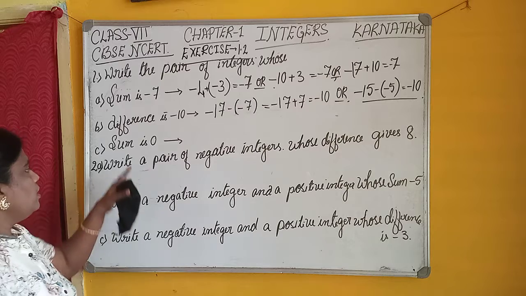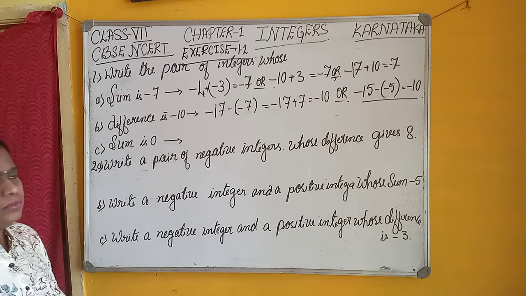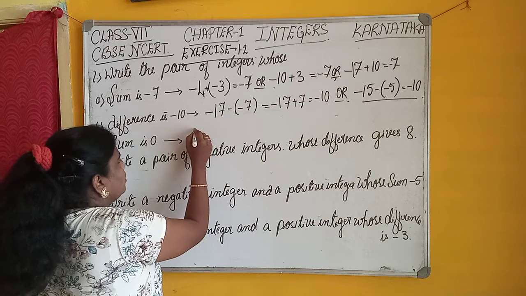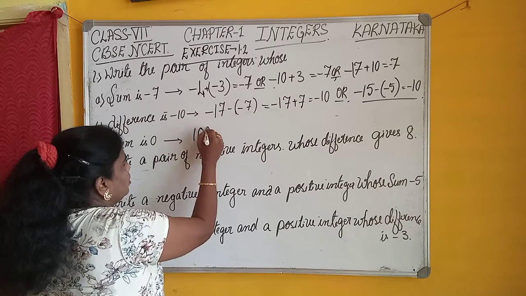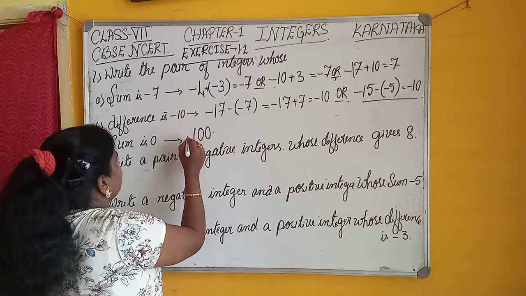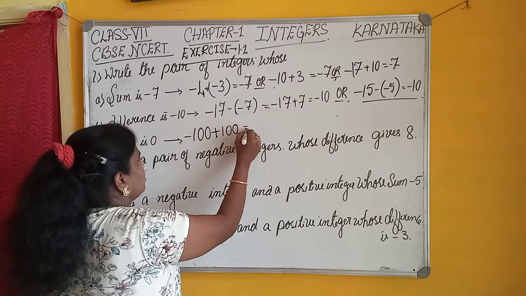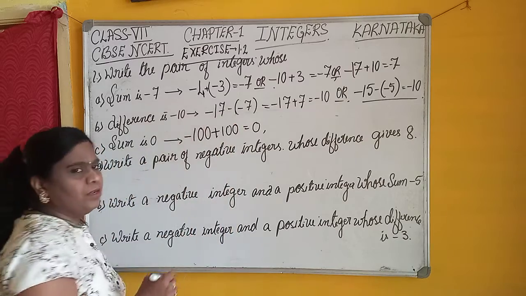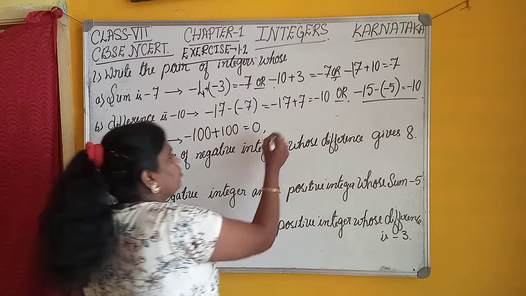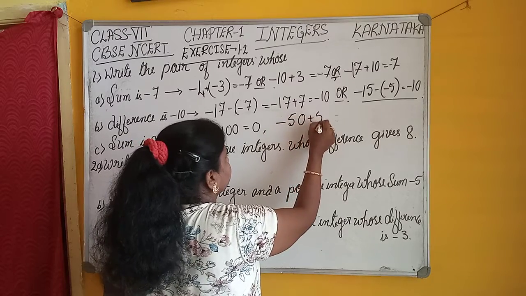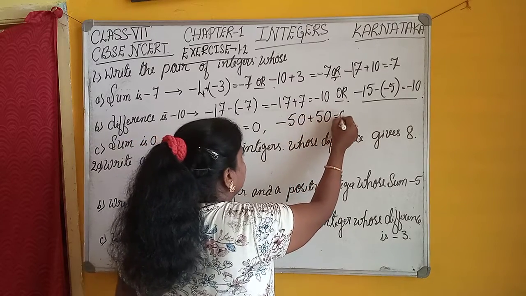Understood? Next, the sum is 0. If you add any number and get 0, for example for -100, if we add plus 100, that is equal to 0. Like that, for -50, if we add plus 50, that is equal to 0.